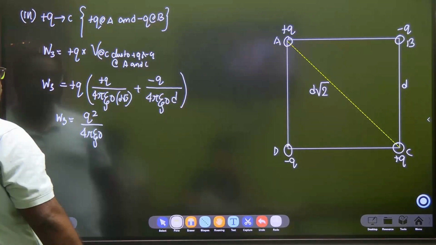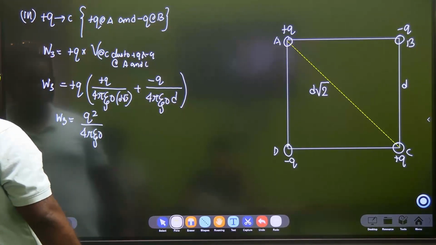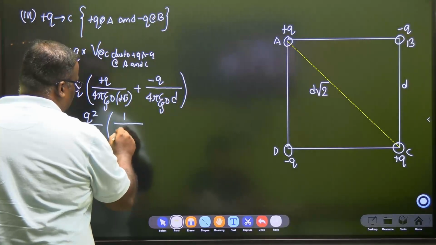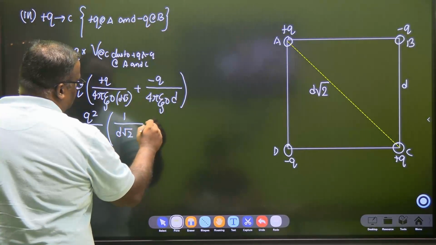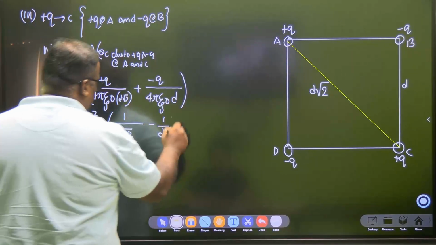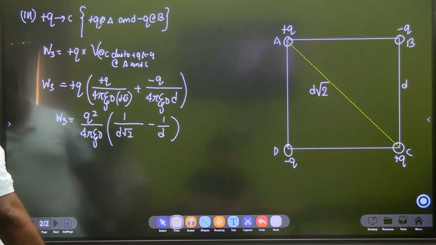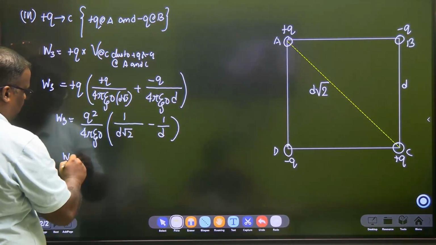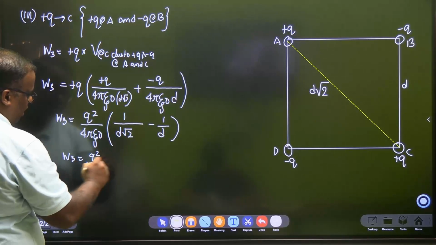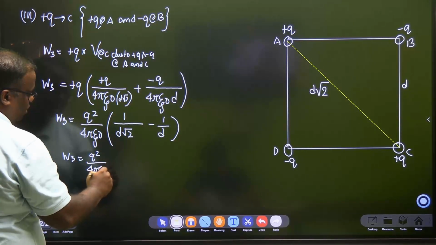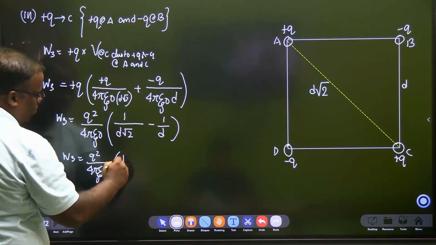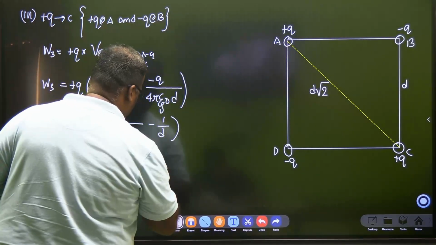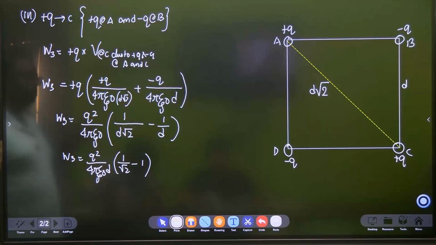This is plus Q times plus Q square, minus Q square, so this will become 1 by D root 2 minus 1 by D. Further we can simplify it. This becomes Q square by 4 pi epsilon naught. Now D can also be pulled out. This is 1 upon root 2 minus 1. Is this much understood?